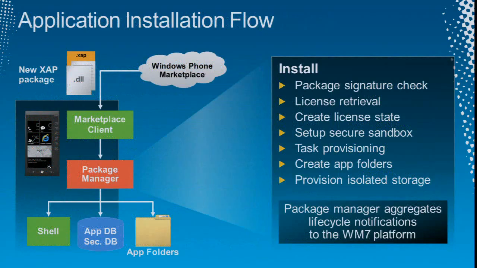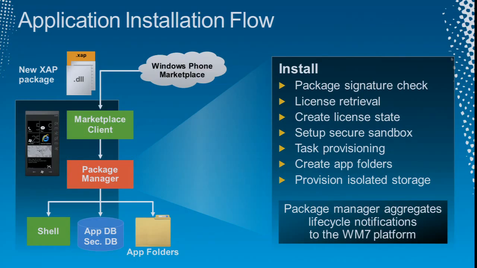All right, here's a quick installation flow. On install, you have a signature check to make sure that the app is still verifiable and it's not been revoked. There's a retrieval of the license. It creates a license state on the phone saying that there is a valid license. We set up the sandbox storage for that app.